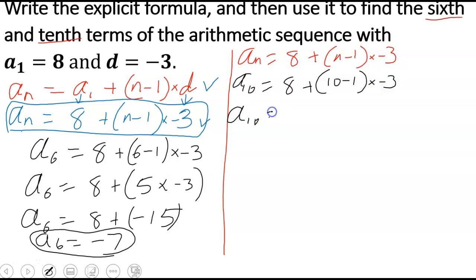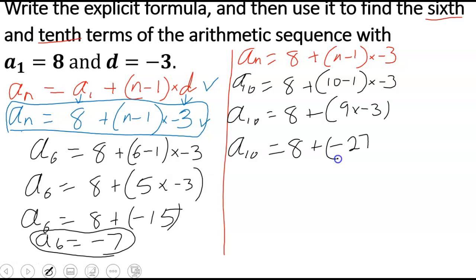So a_10 equals 8 plus 9 times negative 3, since 10 minus 1 is 9. So 9 times negative 3 is negative 27, and then we can add 8. So negative 27 plus 8 is negative 19.